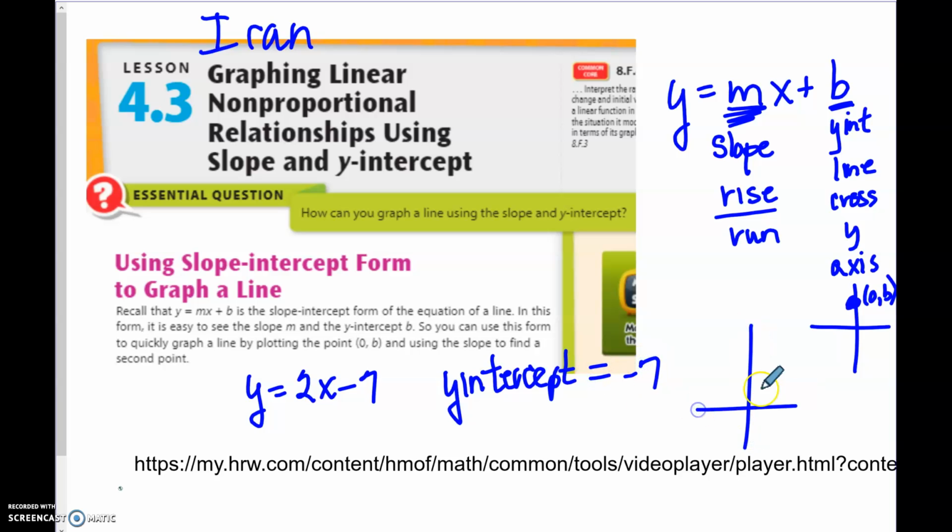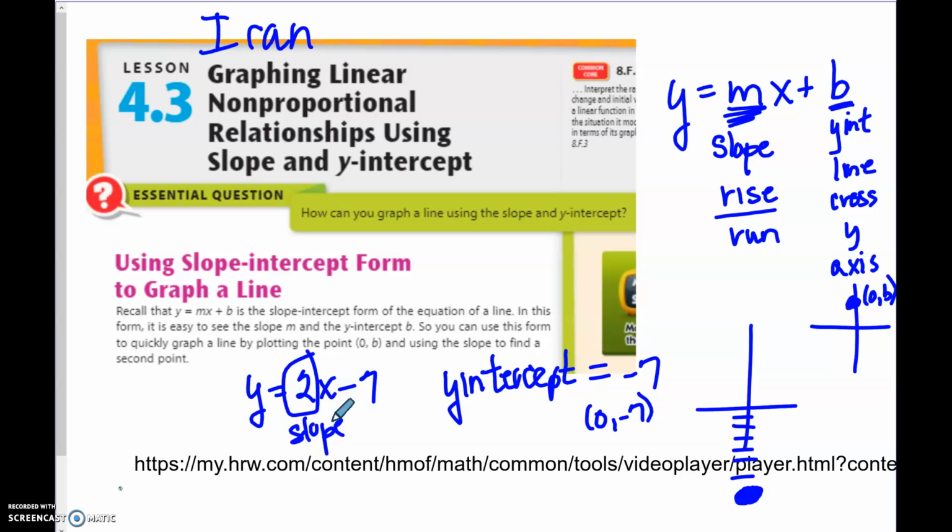So I can very quickly go to 1, 2, 3, 4, 5, 6, 7, -7, and put a dot, because I know I have the ordered pair (0, -7), so I can just graph that.